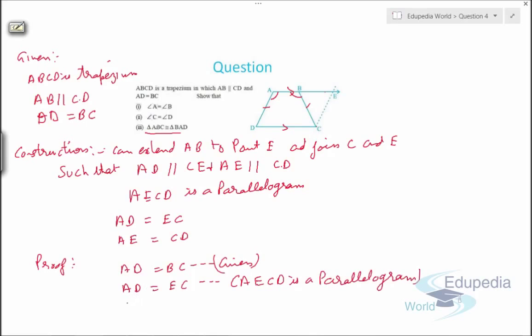So we can say that BC equals EC, which means this side is also equal to this side.